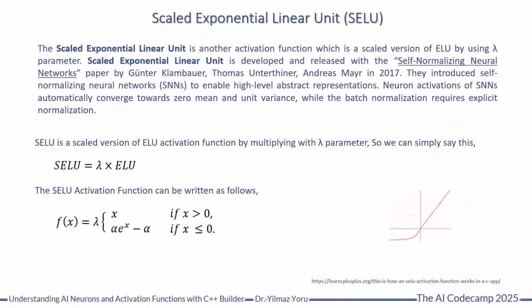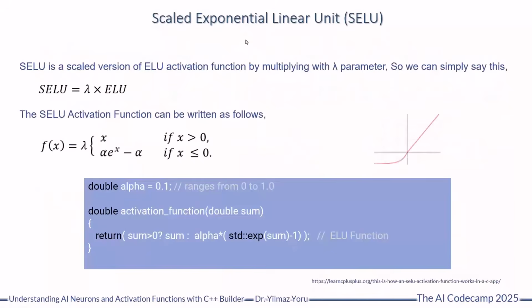It's a kind of scaled version of the ELU activation function, we can say. So just multiply the ELU value with lambda. So it gives you scalability in your activation function. Here is the formula and graph of the SELU function and a very simple C++ example of the activation function.